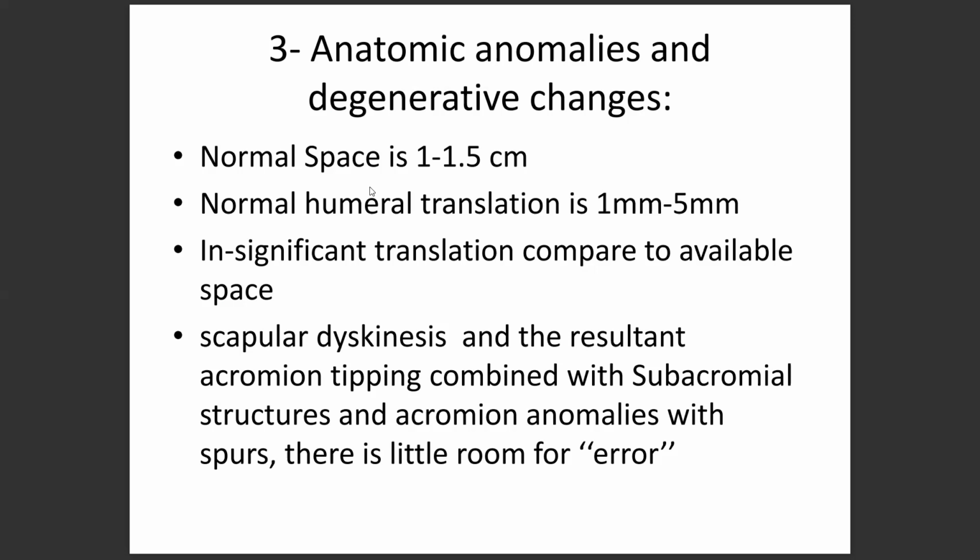That's why the normal space is 1 centimeter or 10 mm, and if it is 9 mm or 8 mm, it's okay. If it's 7 mm, it's again okay. But if it is less than 7 mm, then there may be chances of subacromial impingement and significant translation compared to the available space. Scapular dyskinesia and the resultant acromion tipping, combined with subacromial structures and acromion anomalies with spurs, leave little room for error.